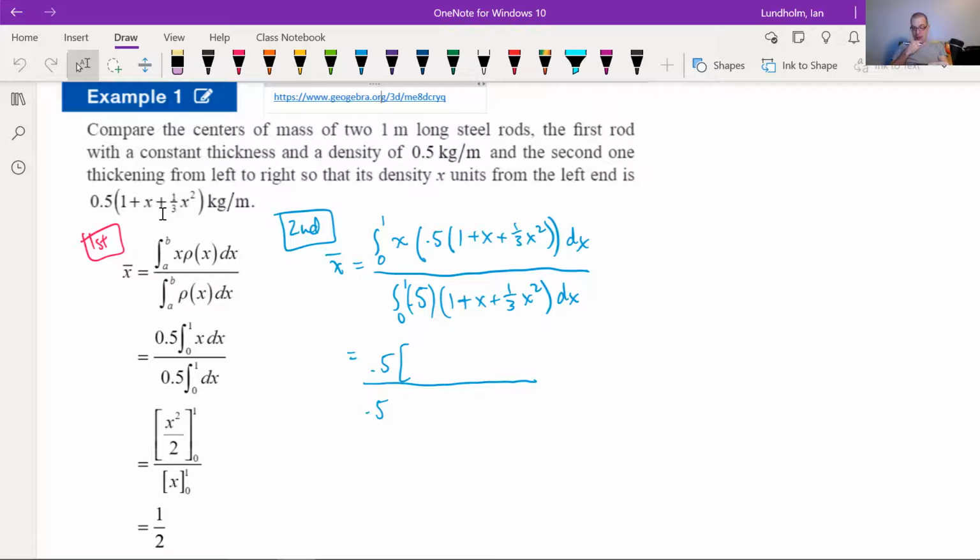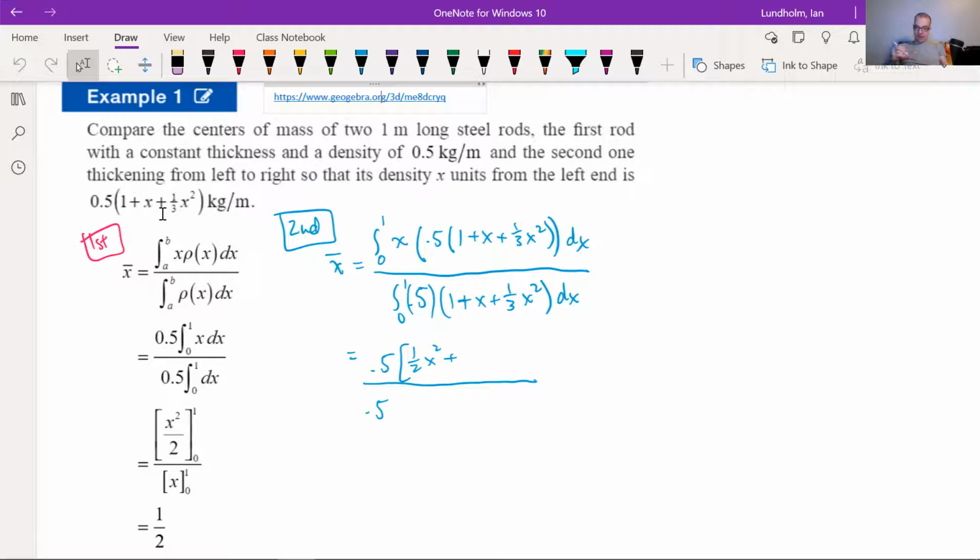And then I'm going to multiply x into the top one so that we're taking the antiderivative of x for the first term, which is 1/2 x squared. And then for the next one, we would have x squared, which would be 1/3 x cubed.